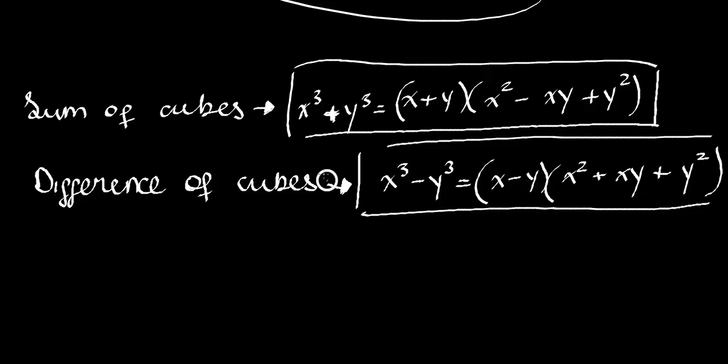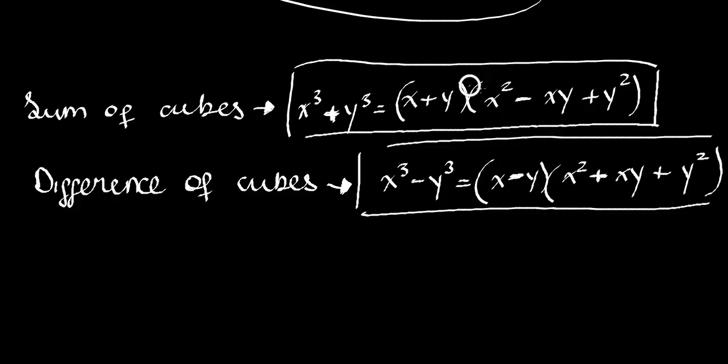And we also have the difference of cubes, which is the same thing. Instead, you're subtracting, the difference, okay? And the difference between this rule and this rule is that difference you're subtracting and sum you are adding, just the integer, and here just these guys change.